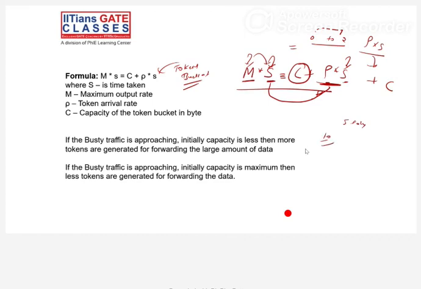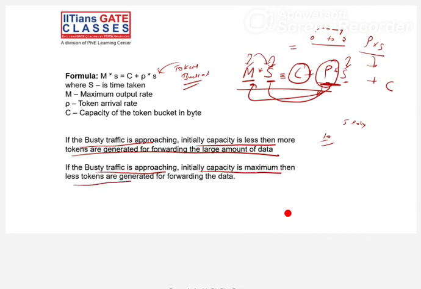To overcome this, the token bucket algorithm was introduced, in which bursty traffic can be sent out as output. So your output rate is not fixed now; it will vary. I am not saying that in 1 second you have to send 4 megabits.